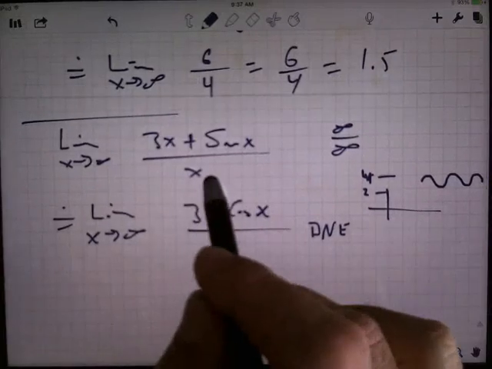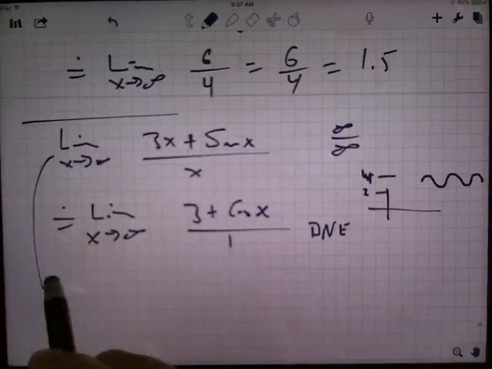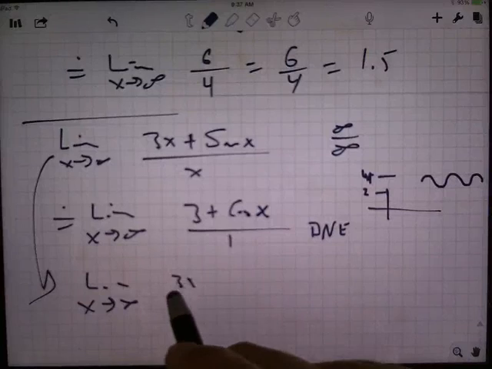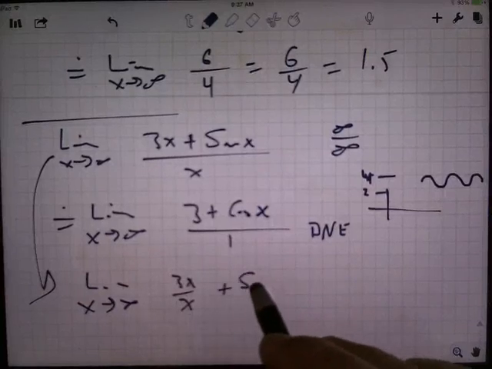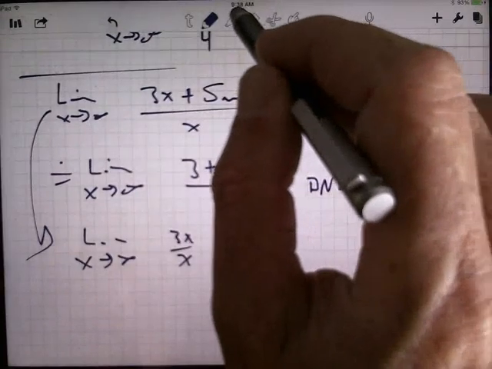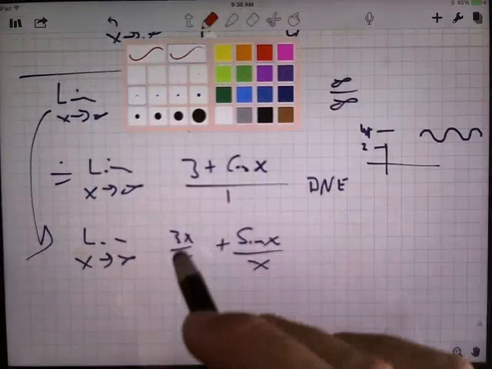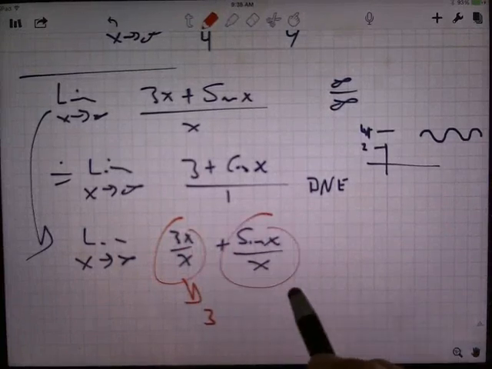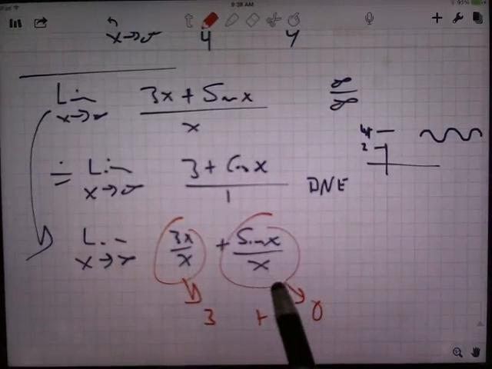In fact, this limit definitely does exist, because I can think of this as the limit as x goes to infinity of 3x over x plus sine x over x, right? This 3x over x is just going to 3, and the sine x over x is going to 0. Why is it going to 0?